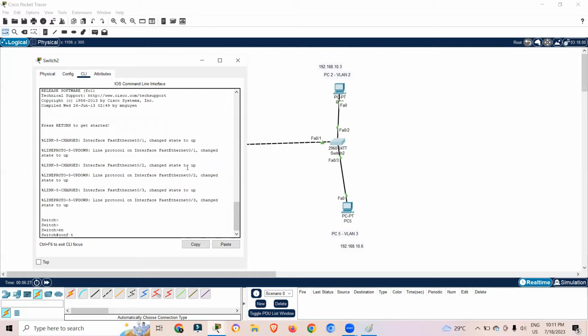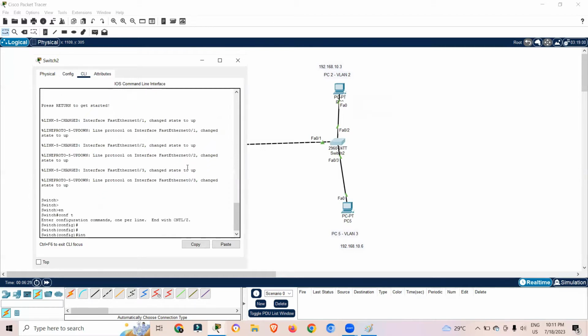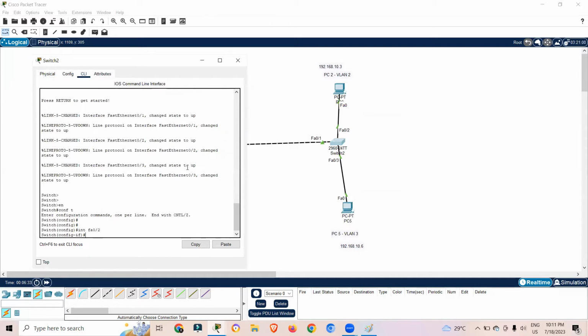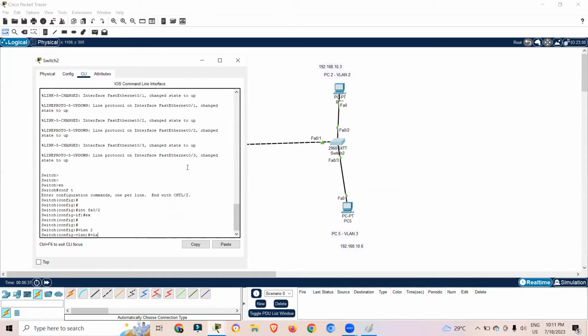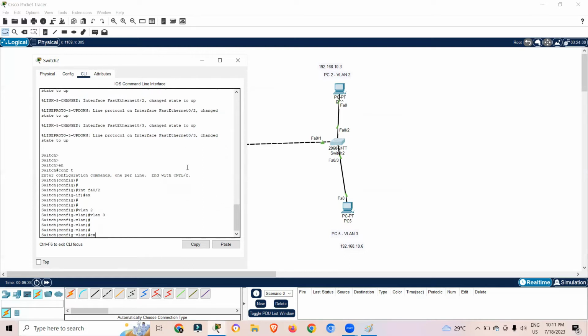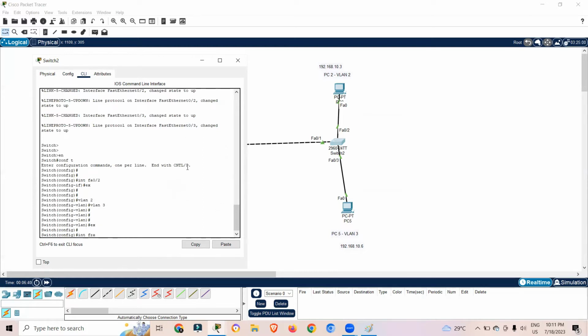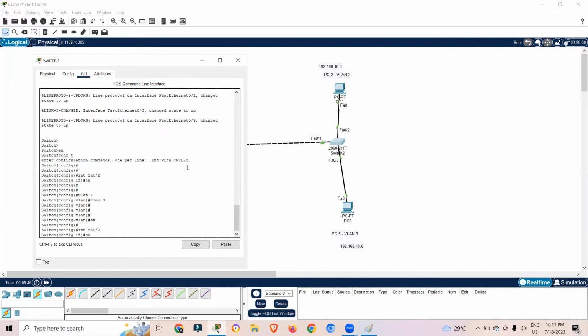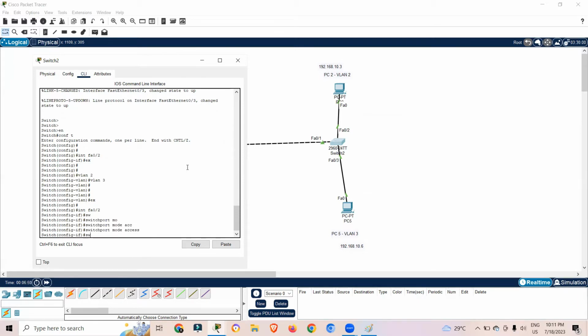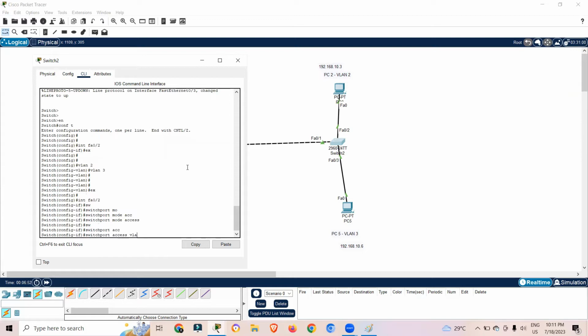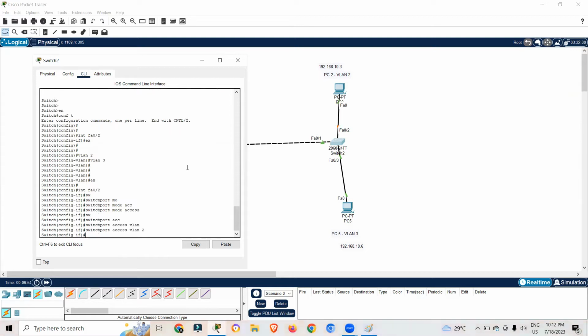About the last one, let me configure the VLANs here. Enable, configure terminal. First of all, make the VLANs, VLAN 2, VLAN 3. Interface FA0/2, switchport mode access, switchport access vlan 2.